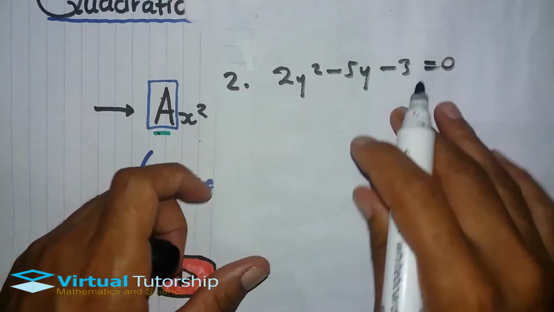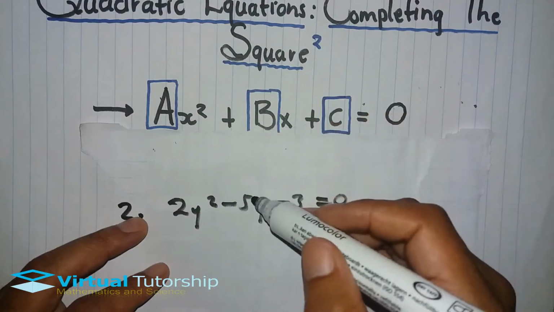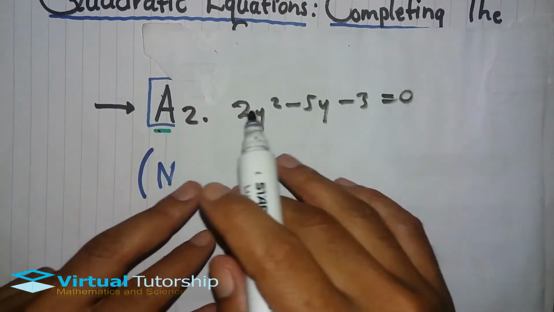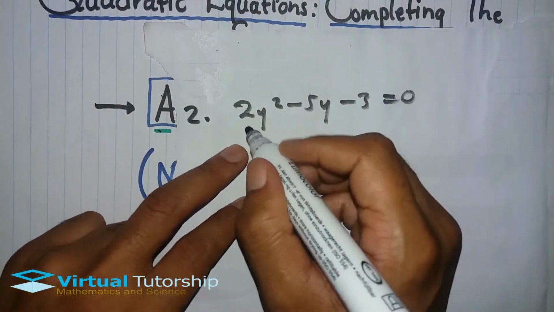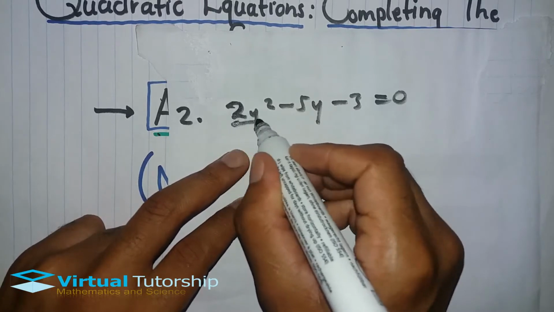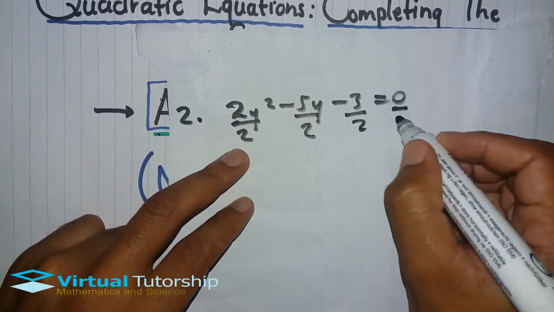So my a is 2, my b is 5 and my c is 3. My a must always be 1, so I will divide each term in this equation by 2.